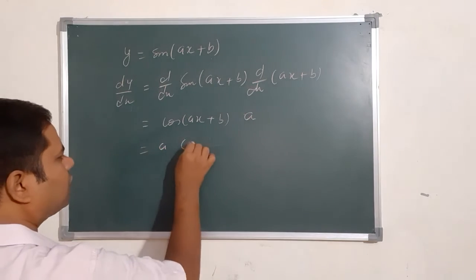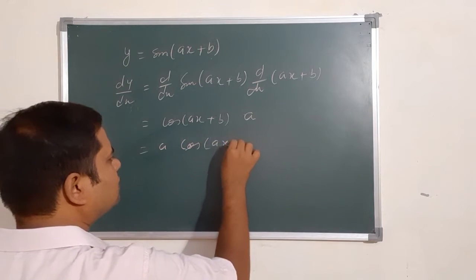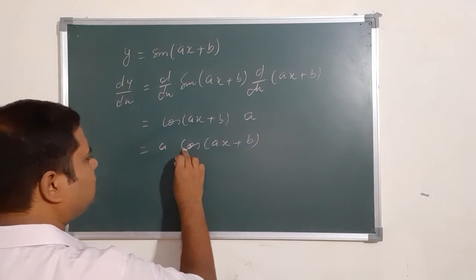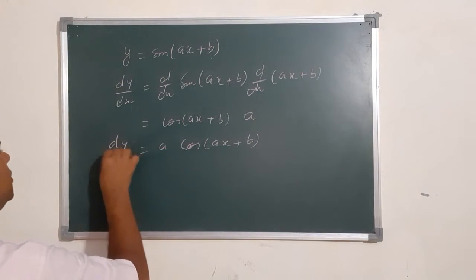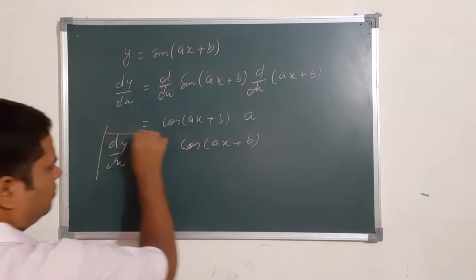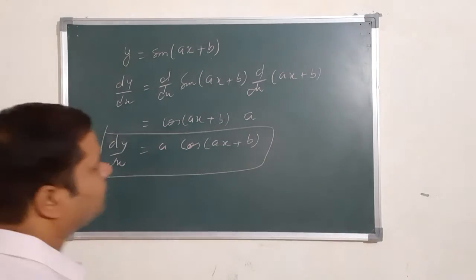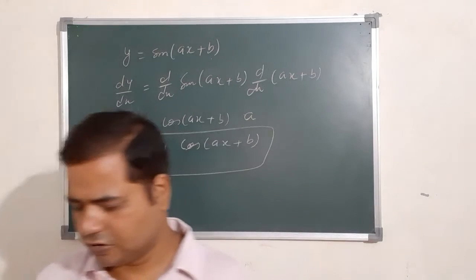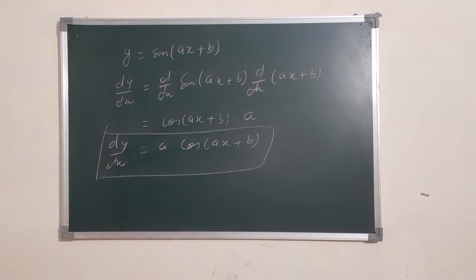So a cos of ax plus b. This is the direct rule which we use afterwards. Note it down, because there are so many questions. So how will we use chain rule in each and every question?